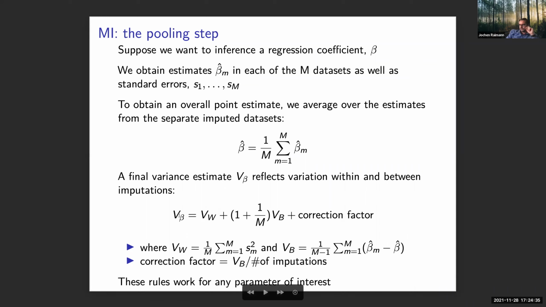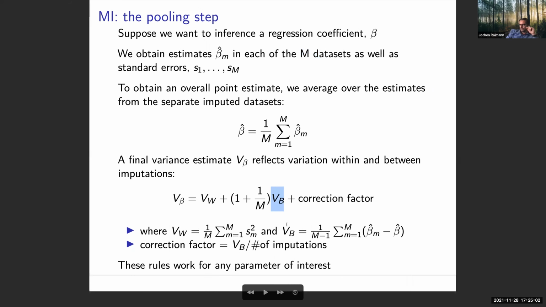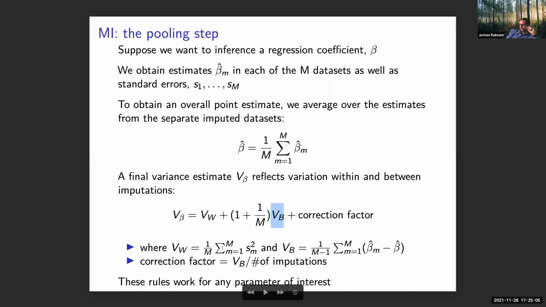The standard error of that beta is the variance within each imputation, plus 1 plus 1 divided by the number of imputations, multiplied by the variance between, as the correction factor, where VW is 1 divided by M, the sum from m equals 1 to the maximum number of imputations, of the variance within the sample.